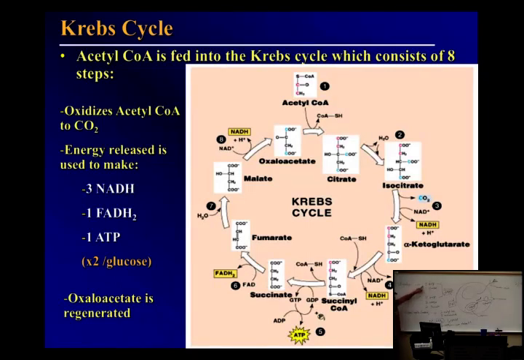We put in 2 to get 4, so we netted 2. But we use the 2 to get the acetyl-CoA into there, so we have 0. So do we make ATPs over here? Do we make ATPs in the Krebs cycle? Yeah. How many? 2. So all of this we've made 2 ATP. That's the same as holding your breath. So is that going to be good enough to live? Hold your breath and find out.